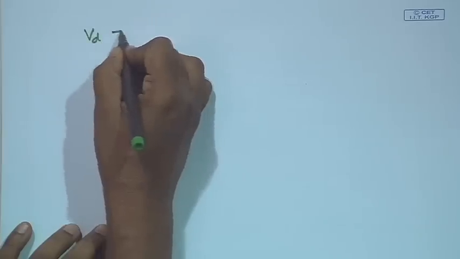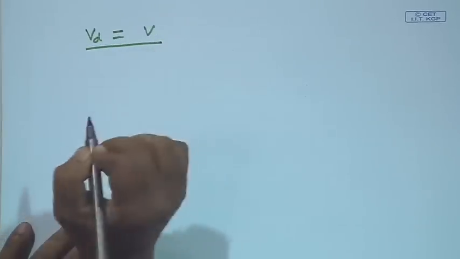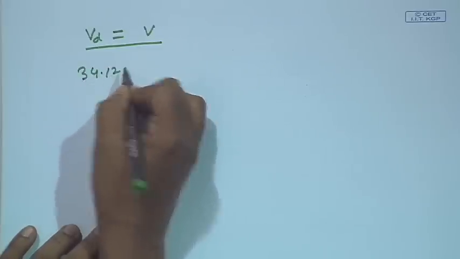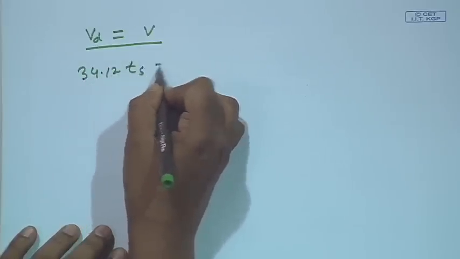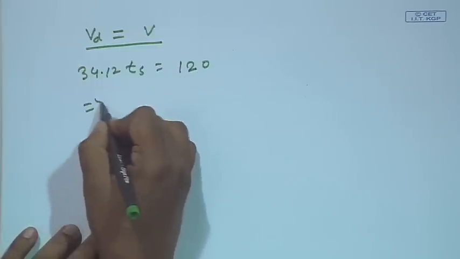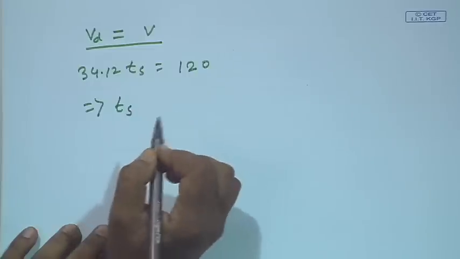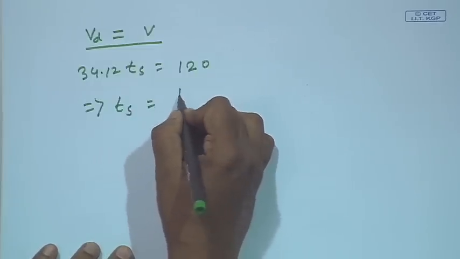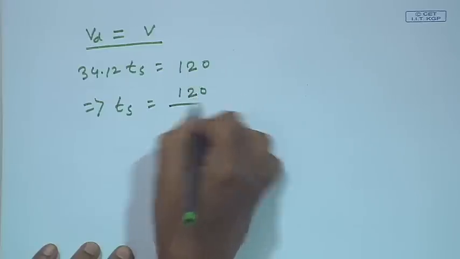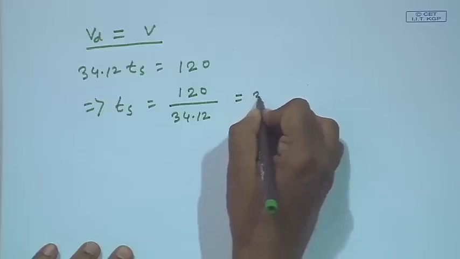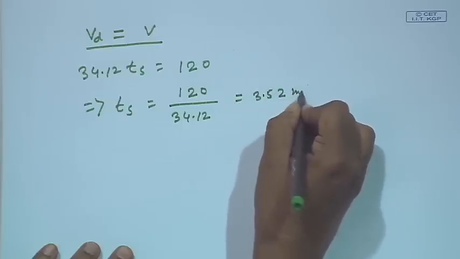Now, we can make V d equal to V, so that I can find out the value of T s. So, V d is 34.12 into T s, and V was 120 kilonewton. So, from this I can find out the value of T s, the thickness of the splice plate, which will be 120 kilonewton by 34.12. So, that becomes 3.52 millimeter.